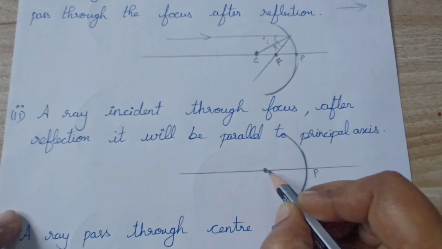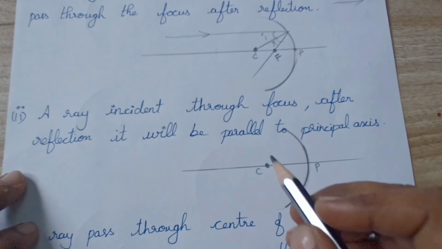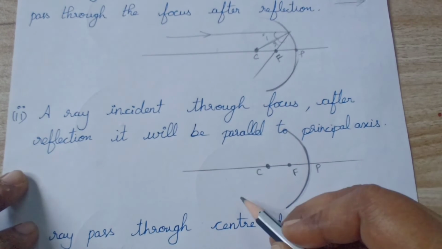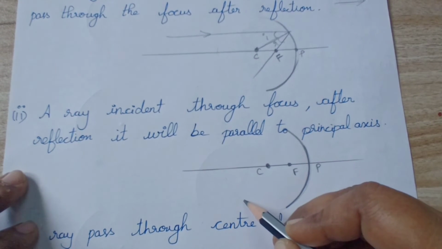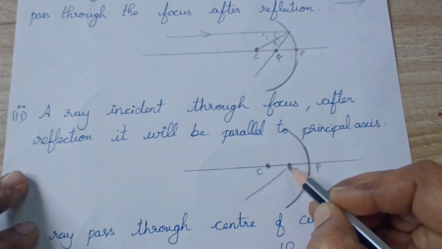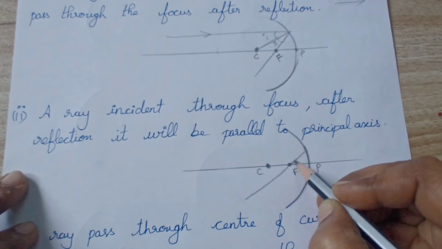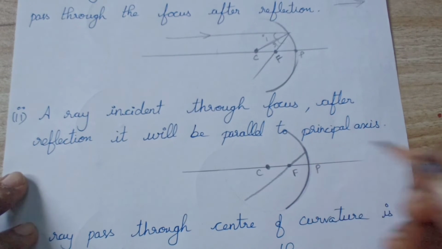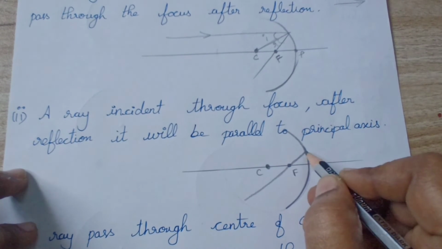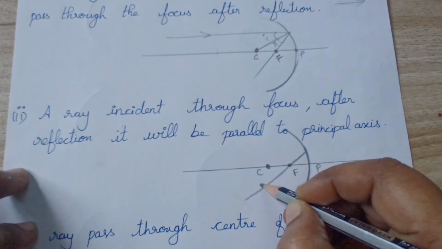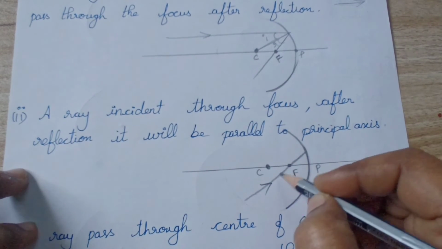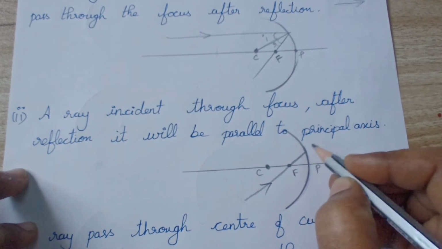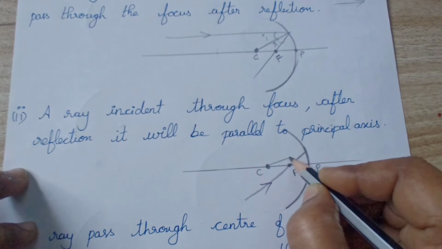So this is your P, this is your C, this is your F, the focus point. If a ray passes through the focus point, this is your incident ray. The ray is incident, passes through the focus point and strikes the mirror here. This is your normal.